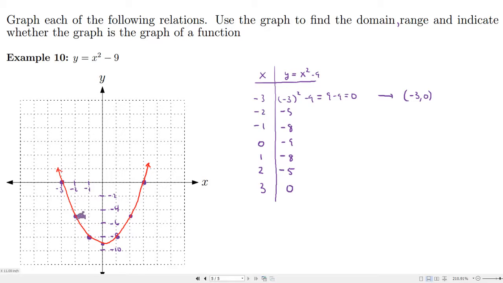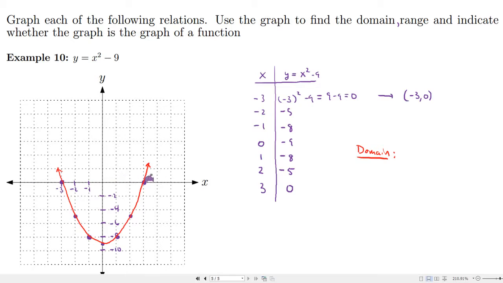Okay, and this continues on. All right, so now we can solve this as if it was one of the problems up above. So if we were given this curve here, now we can determine the domain, range, and indicate whether or not it's the graph of a function. So what would the domain be? So domain, so those are the x values, right, for the things on this curve.